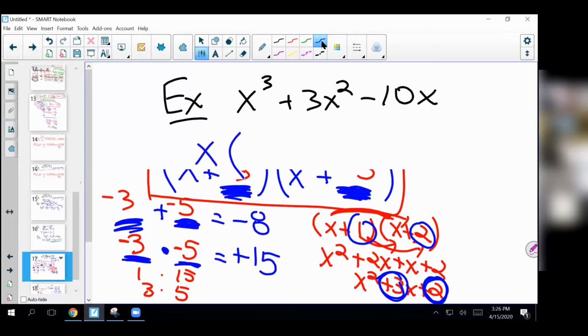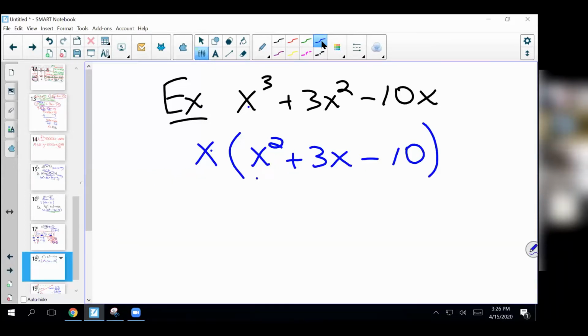When you do that, x cubed divided by x is x squared. 3x squared divided by x is just 3x. And 10x divided by x is just 10, or minus 10. Once you factor out that x, now you have a quadratic.